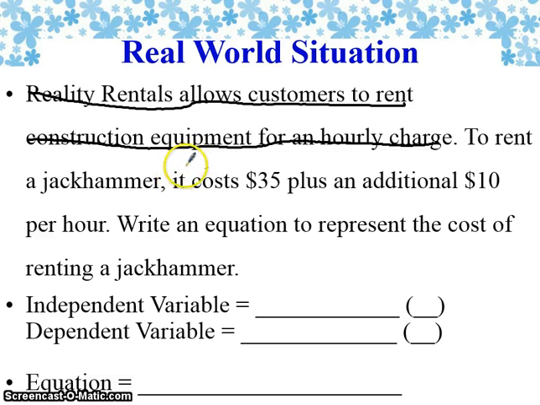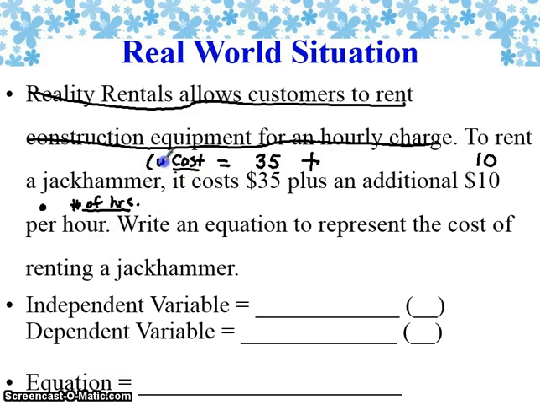It says it costs, or the cost equals $35, that's a constant, plus, that's the operation, and additional, which just clarifies that we're going to be adding, $10, there's our constant, per keyword for multiply, hours. And we can see that we have two variables, two unknown amounts.